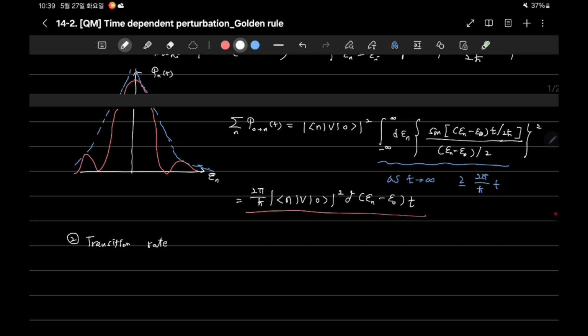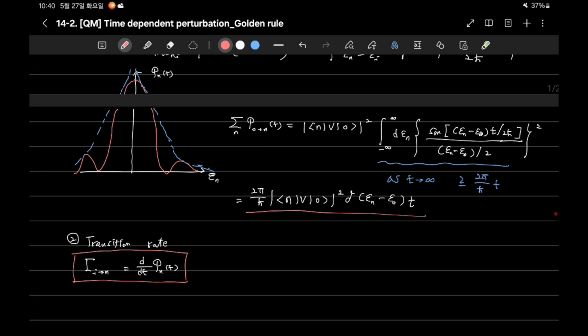The definition of the transition rate gamma i to n is the time derivative of the probability P(t). The time derivative of the probability is the transition rate.